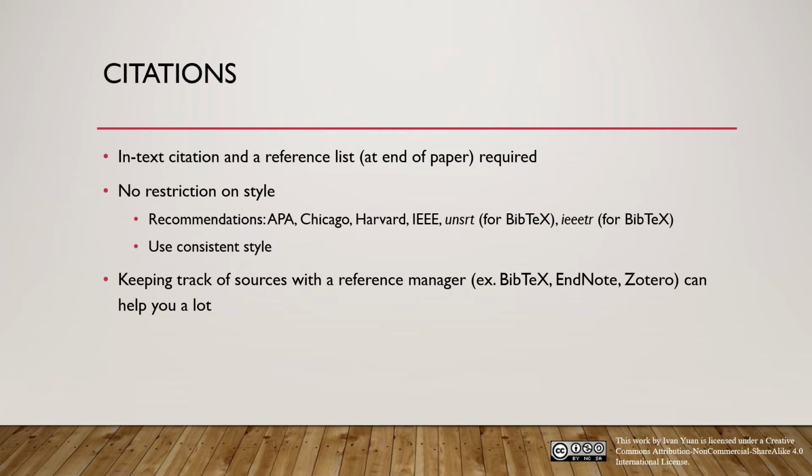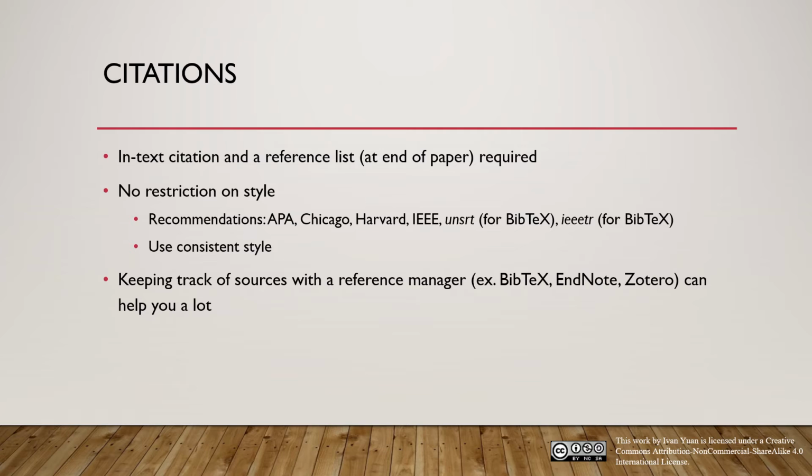However, we do have certain style recommendations. Some of the better ones are APA, Chicago, Harvard, IEEE, or if you're using BibTeX, which is a really popular tool, especially if you're writing your paper with LaTeX, you might want to try the UNSRT style or the IEEE TR style. And because you will handle a lot of sources, it is really useful to use a reference manager.